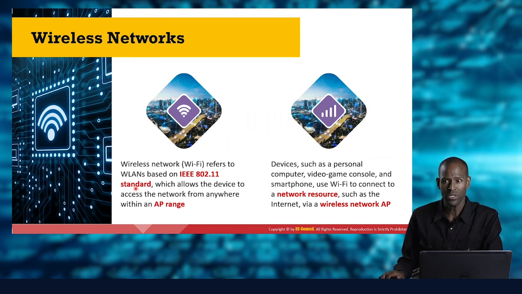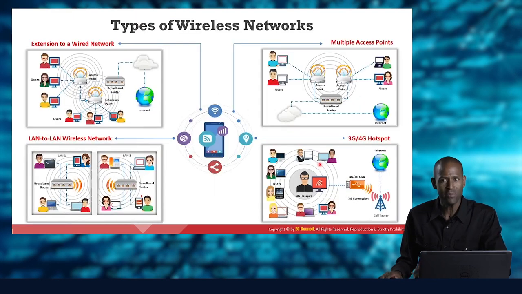Also for wireless networks, we have devices: personal computers, video game consoles, your smartphone, your tablet, virtually any device, and desktops, by the way. I've seen organizations that rather than set up wired networking for their desktops, get Wi-Fi cards for their desktop computers and use a wireless AP. There are many different types of wireless networks, including extensions.